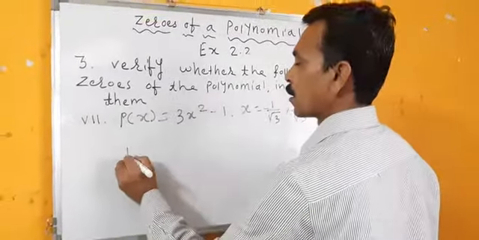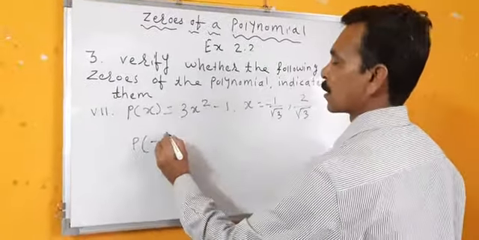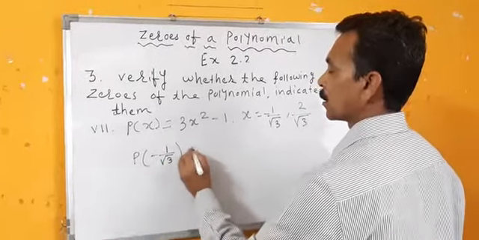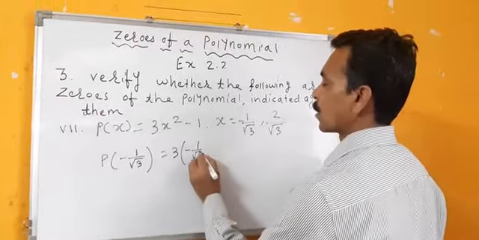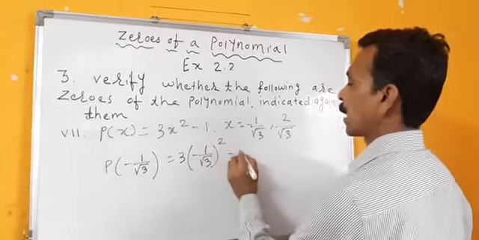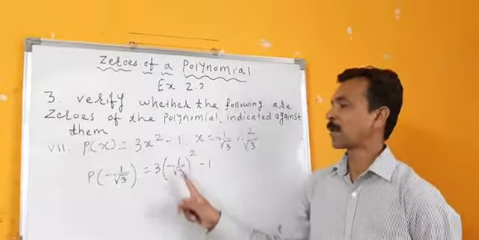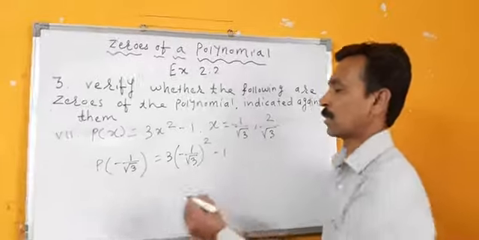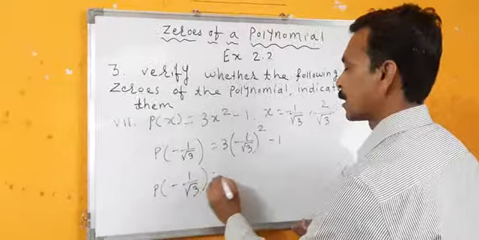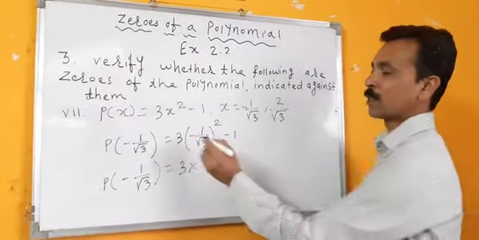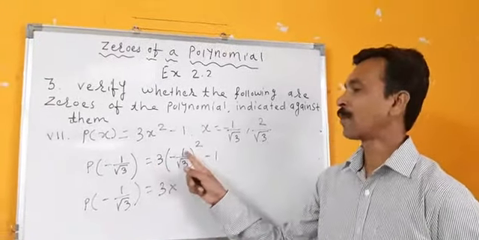So I will take P of the first value of x, minus 1 upon root 3, is equal to 3x square, means 3 into minus 1 upon root 3 whole square, minus 1. I have taken the square because the value of x is minus 1 by root 3 and it is squared. So P of minus 1 by root 3 is equal to 3 into. If there is no sign between two terms, it is always multiplication. Now we'll square the bracket.